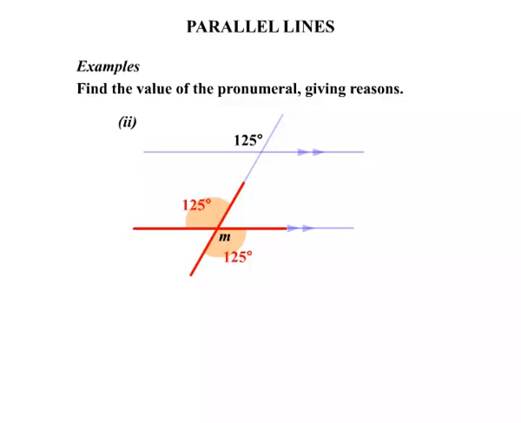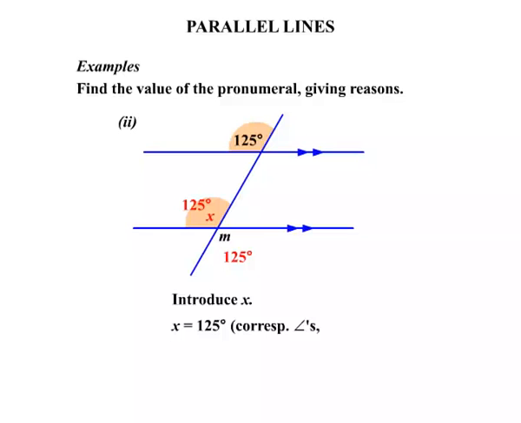Alright, hopefully you can see that. Now, how are we going to write our reasons though? Well, we started with this angle, we work with this angle. At the moment it's not named, so we might call it X. So in our solution we'll introduce X on the diagram there. We can say that X equals 125 degrees. Reason? It was corresponding angles and parallel lines.